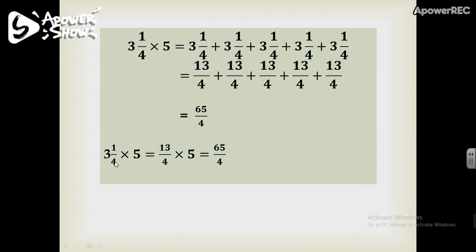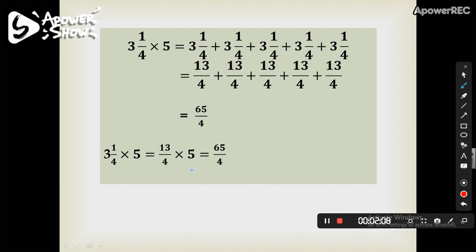3 1 by 4 multiplied by 5 equals 13 by 4 multiplied by 5. 13 by 4 is an improper fraction. Now I am multiplying 13 by 4 by 5. Again the denominator of 5 is 1.